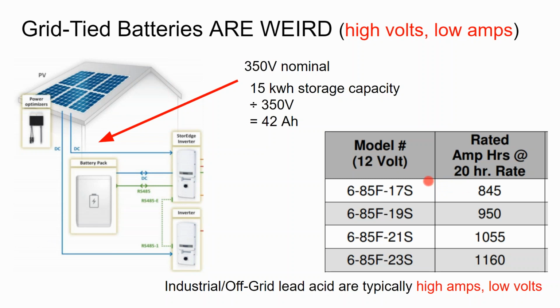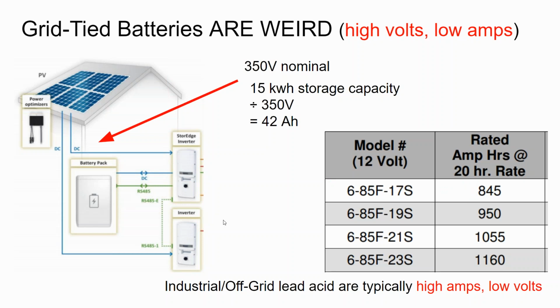It's not that you can't get high voltage out of it, but you still will have the high amperage along for the ride. And power equals volts times amps. And so if you did a high voltage lead acid battery bank, it would just be a way powerful industrial grade battery bank.